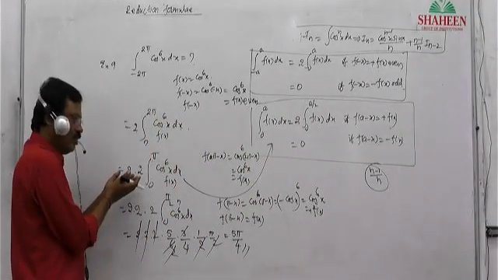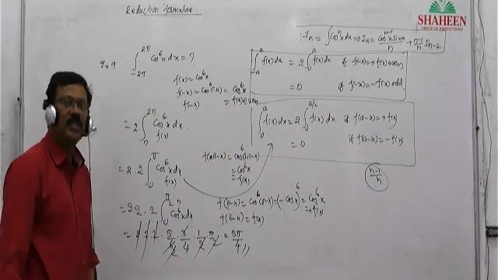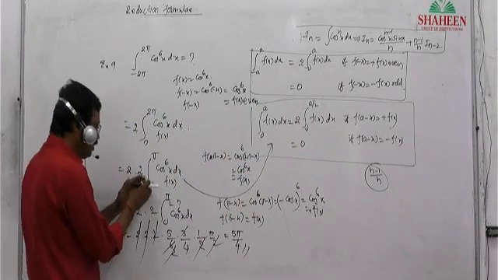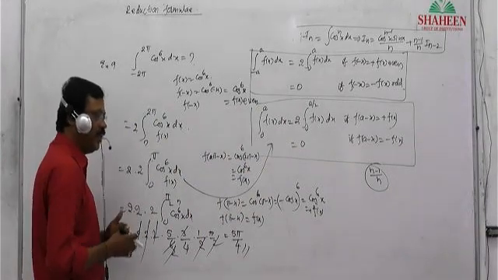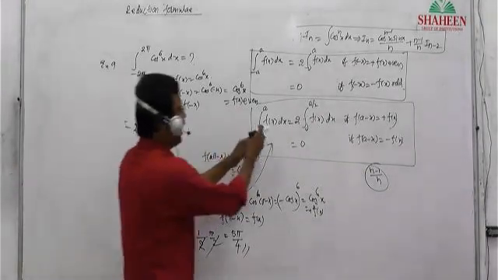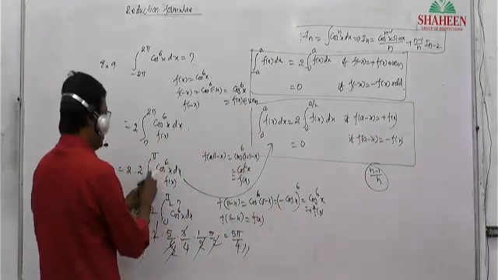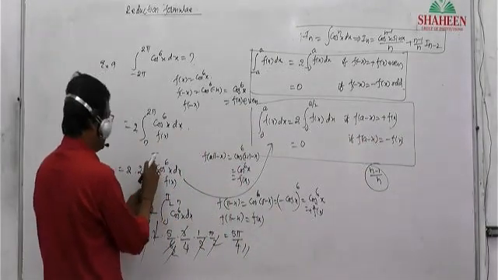Again now, till now you did not get 0 to pi by 2. We want limits from 0 to pi by 2. Now 0 to pi is there. We want pi by 2 for reduction. Again 0 to a, you apply 0 to a. F of a is what? Pi.